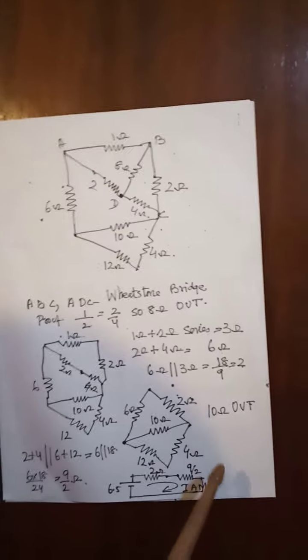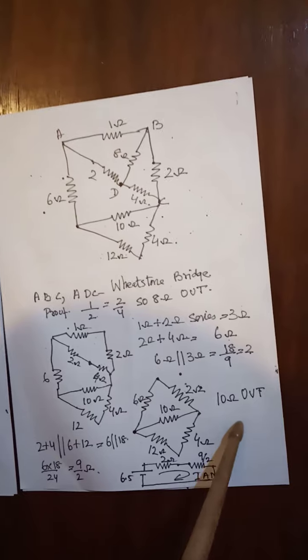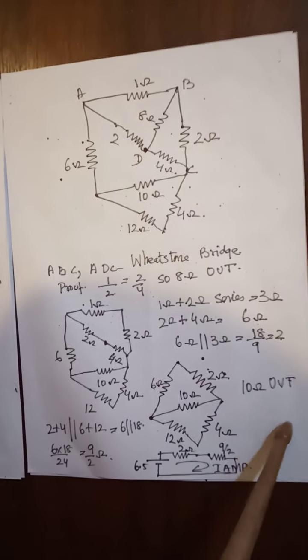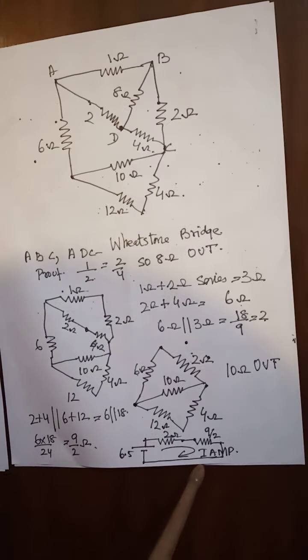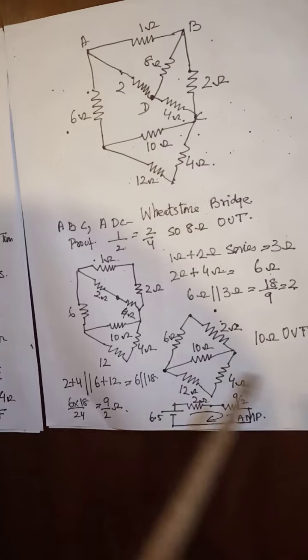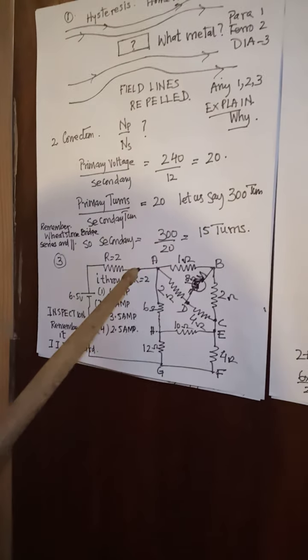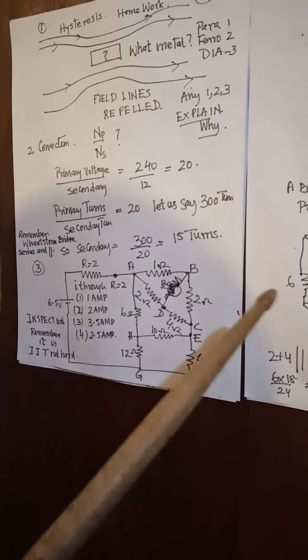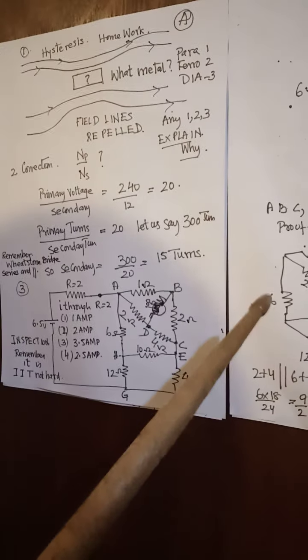So when you divide this, you will get 6.5 divided by 13 by 2. Now 13 by 2 is 6.5. So 6.5 by 6.5 is 1 ampere. So when you come here, you tick which one? You take 1 ampere. This one will take some time because I have explained, but when you get this type of problem, you can do it in 60 seconds, 65 seconds.